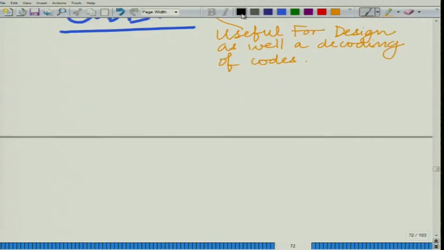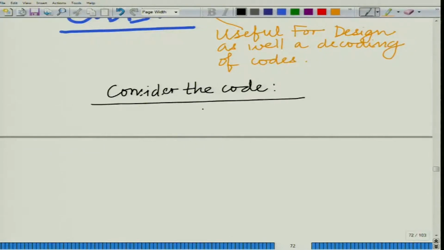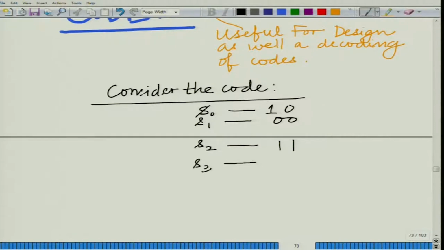For instance, consider a four symbol code: S0 represented by 10, S1 represented by 00, S2 represented by 11 and S3 represented by 110.